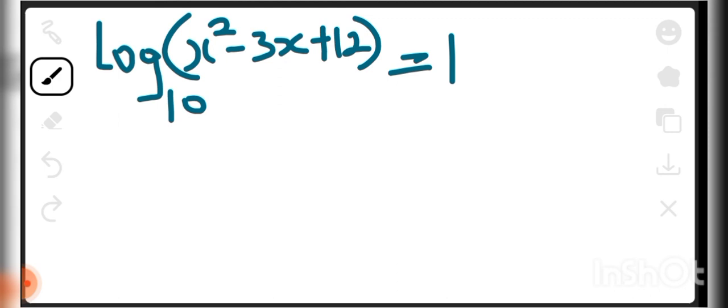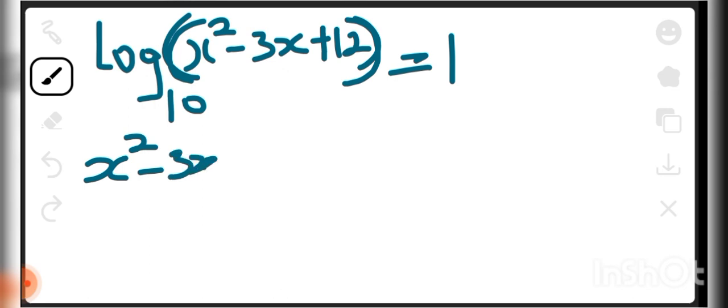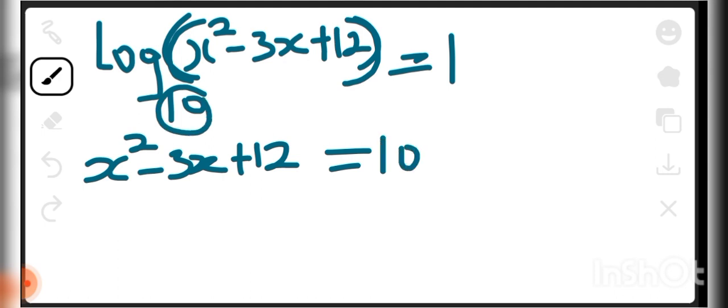Remember the first one we did. Since this one is carrying a bracket, it means everything here is acting as 1. So that expression, x squared minus 3x plus 12, must be equal to the base 10 raised to the power of anything on the other side, which is 1.